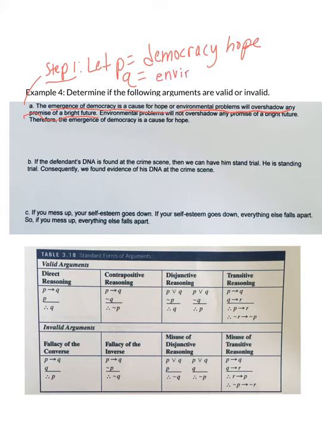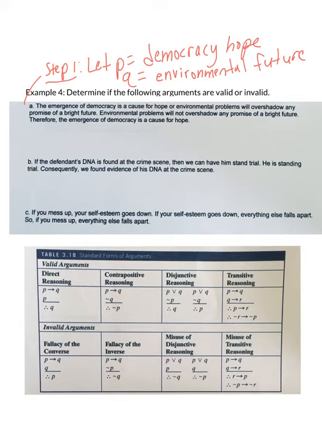I'm just going to write environmental future just to summarize that wordy phrase. And as I look at the other sentences, I don't see any other ideas. It's just more about the environmental problems and the emergence of democracy. So, only two different ideas, so two different letters.